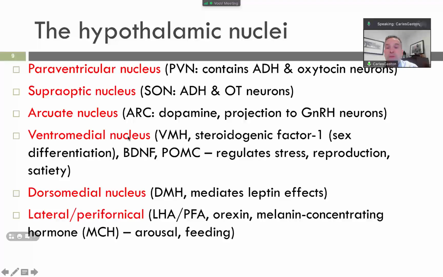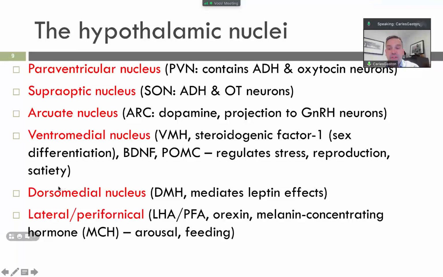Then we have the ventromedial nucleus, or VMH, that contains steroidogenic factor 1, which is a very important transcription factor for sex differentiation, also BDNF and POMC. We will cover this in more detail further on. These neurons regulate stress response, reproduction, and satiety.